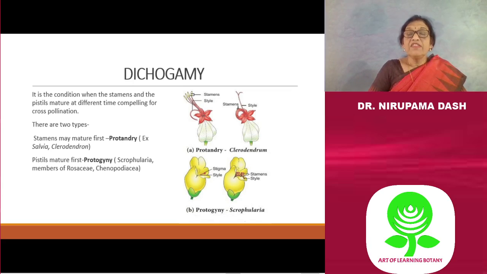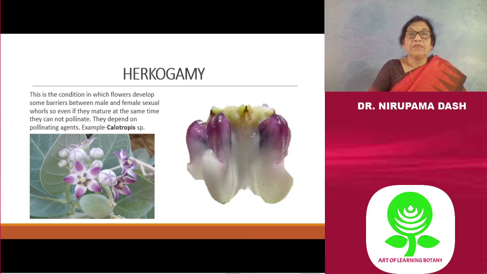In some other condition, the stigma matures earlier than the anther, and that is called protogyny. Protandry is found in Salvia and Clerodendron, and protogyny is found in Rosaceae, Chenopodiaceae, and Scrophulariaceae.